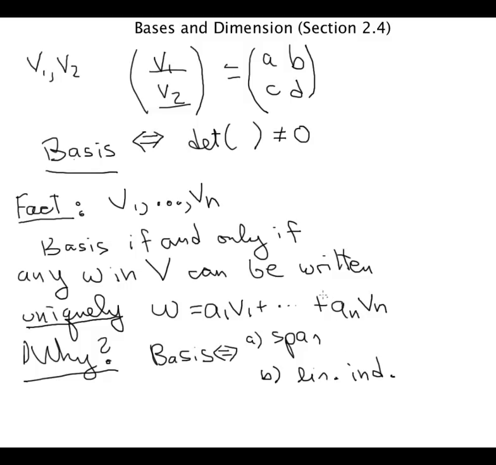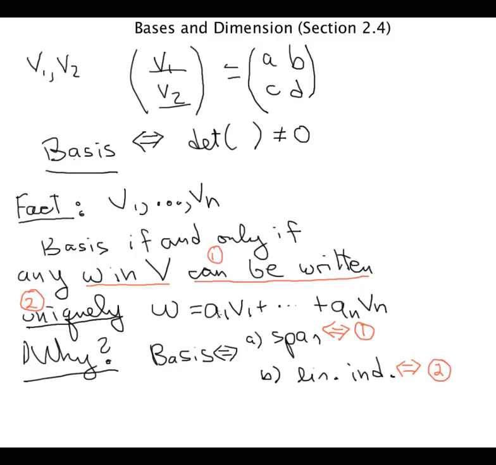I said it's a basis if and only if two conditions hold. Any w in V can be written, that's condition 1, as a linear combination, and it's a separate fact that that is unique. So to say that a vector can be written in this form, that's exactly the span condition, right? A set of vectors spans the vector space if every element of the vector space can be written as a sum like this. So that's condition 1, which is condition A. And then condition 2, I'm saying, is exactly the same thing as condition B, the uniqueness.